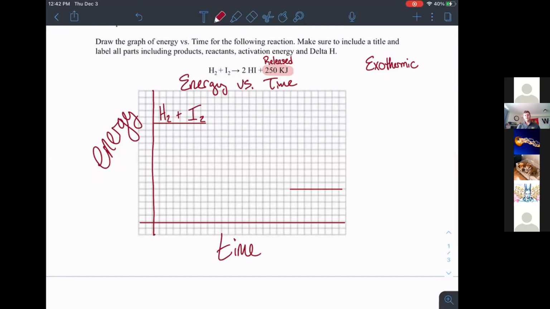On my products line, do I have to label anything? Your products. So I'm going to put the 2HI down here. And then do I just draw a line like this, going from here to here? No. What else do I have to include on that line?